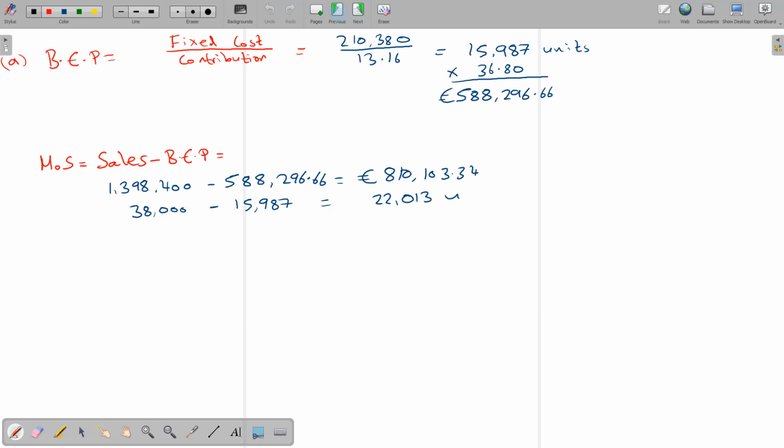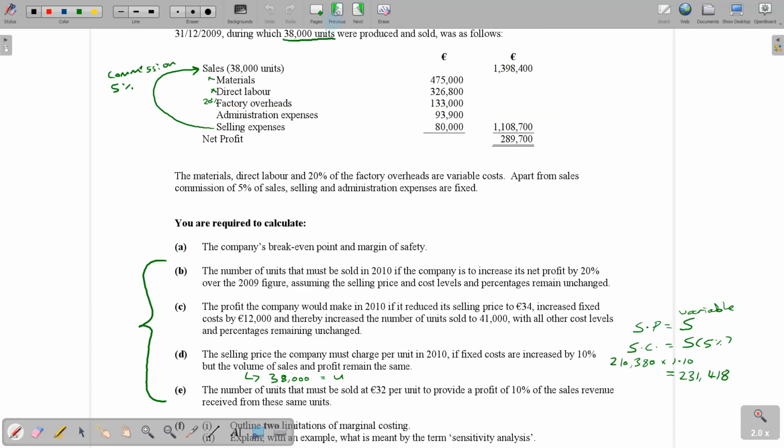Now the last one before theory is part E. So we'll do that now. We have to get the number of units, so our variable is U again, that must be sold. The selling price is €32 to provide a profit of 10% of sales revenue. So this is tricky.